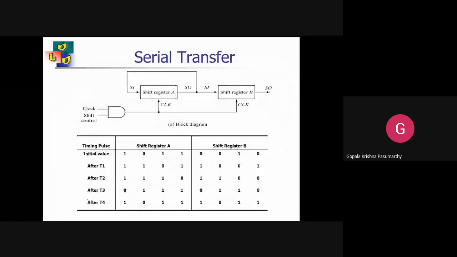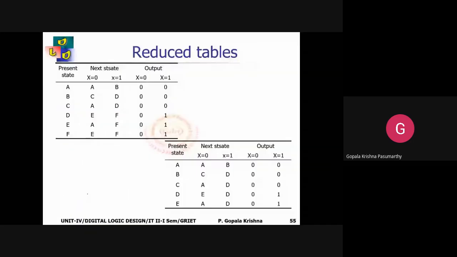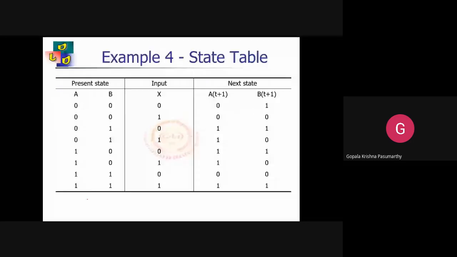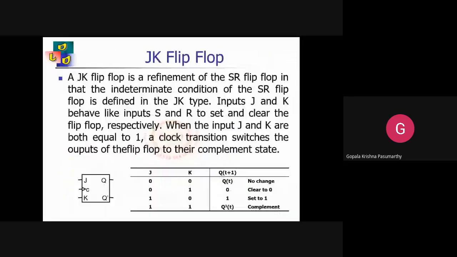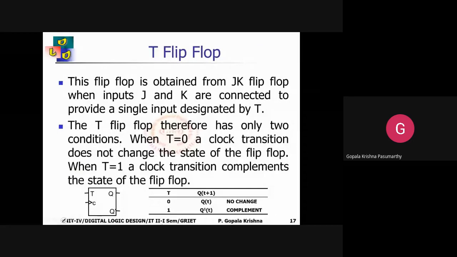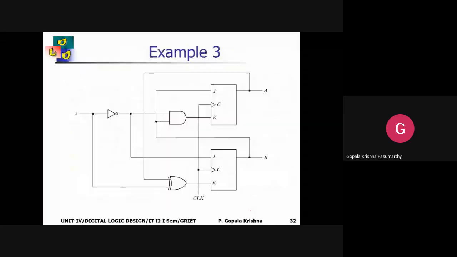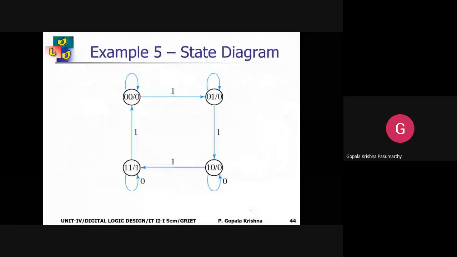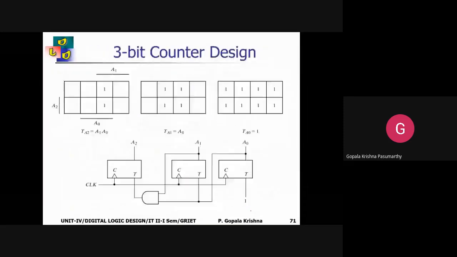Let us go back and see how a T flip-flop works, then you'll understand. In a T flip-flop, if T is 0, there is no change. If T is 1, the content will be complemented. So in the design of the binary ripple counter, I have been using 4 T flip-flops.